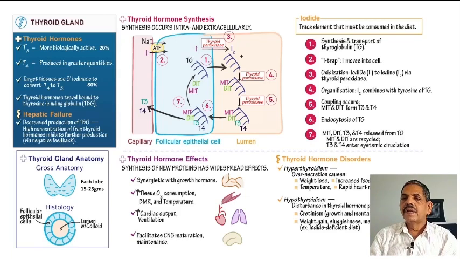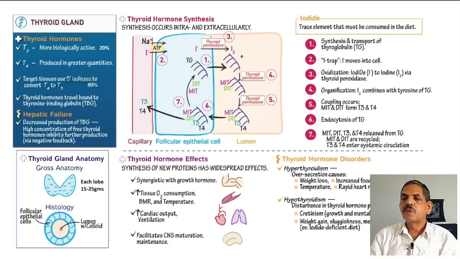But in the target tissue, the T4 will be converted to T3 by 5' iodinase enzyme, and therefore in the tissue majority of the hormone will be T3.